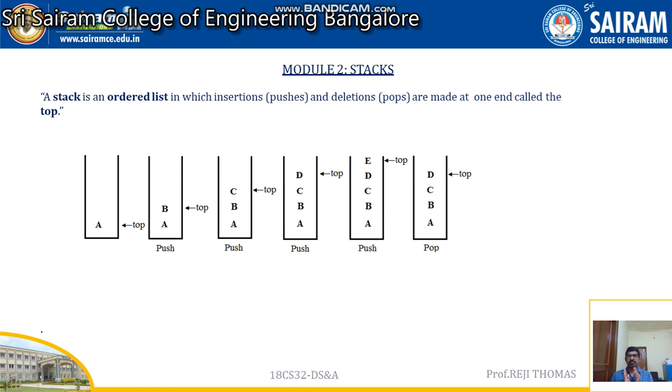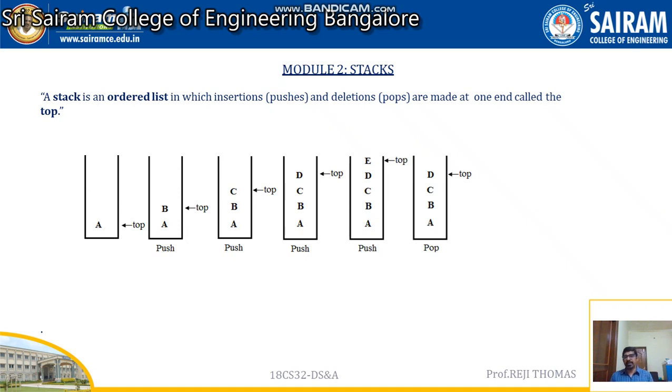If you look at the second diagram, you can see that there is a displacement of the variable top. This is because we have inserted one more character in the stack. So we have successfully inserted two characters. And look at the top. As I told you, top always points towards the topmost element in the given stack.